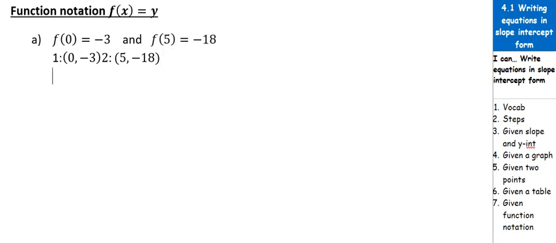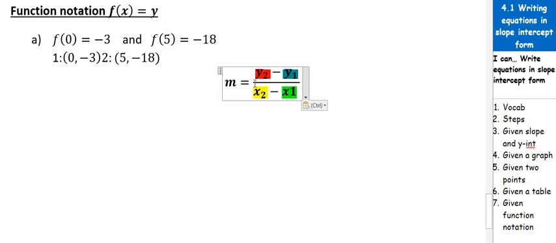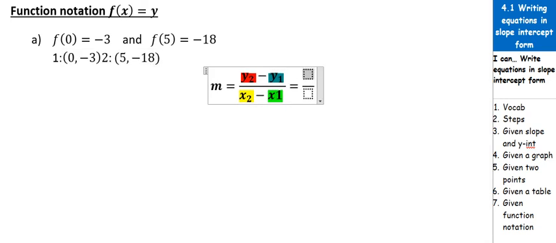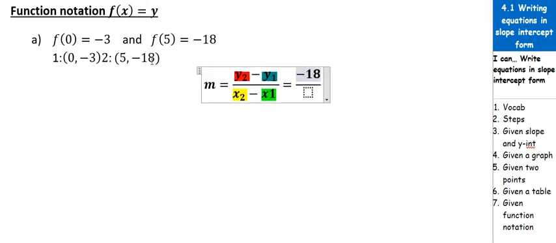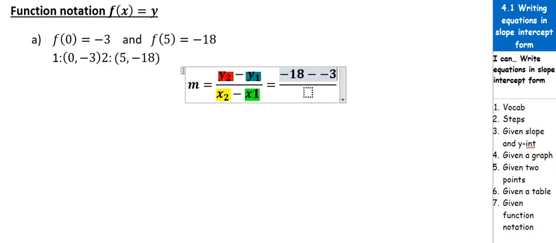My slope formula. Y2 minus y1, that's negative 18, because negative 18 is the y value of my second function, minus negative 3. Then on the bottom I have 5 minus 0.